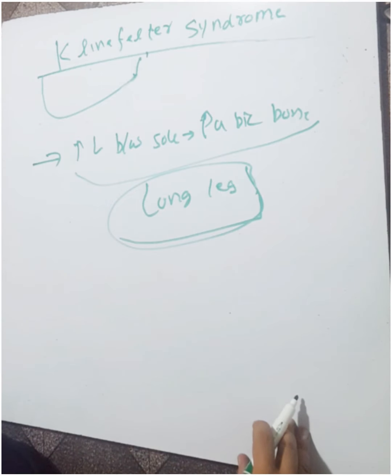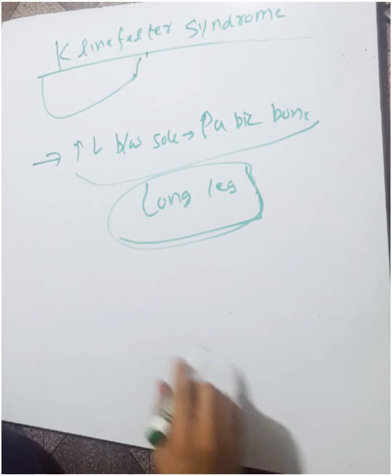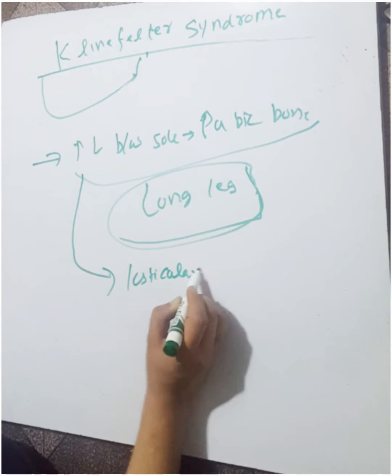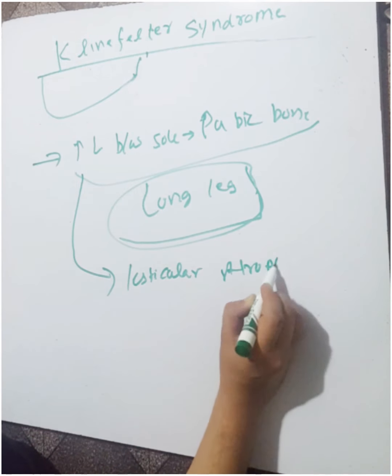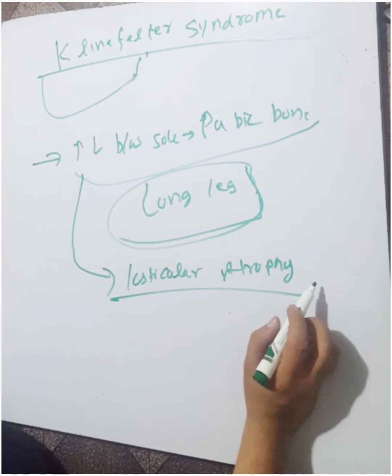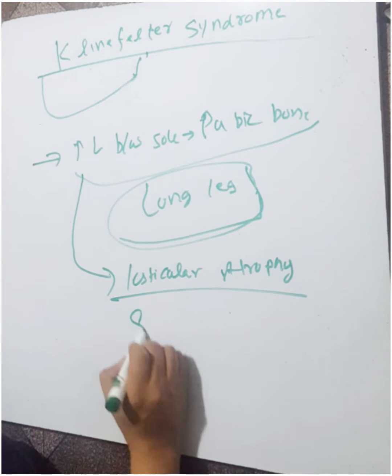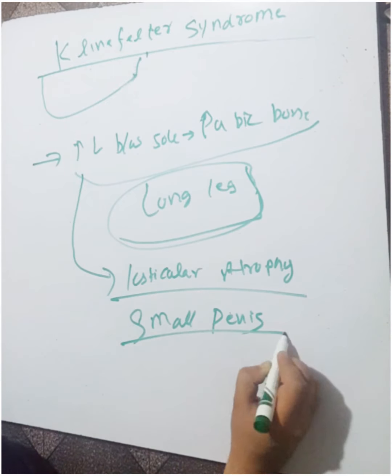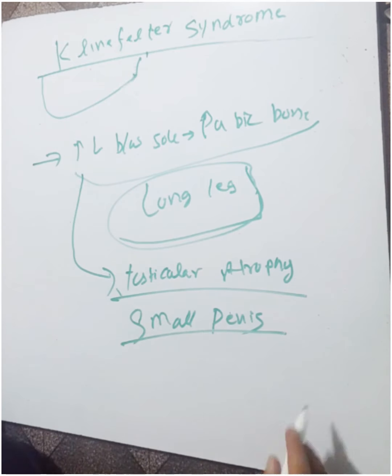There is testicular atrophy in the Klinefelter syndrome, associated with a small penis. The small penis and testicular atrophy predispose to the diagnosis of Klinefelter syndrome.